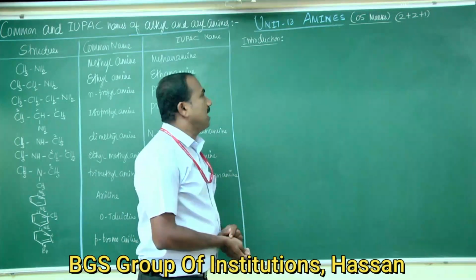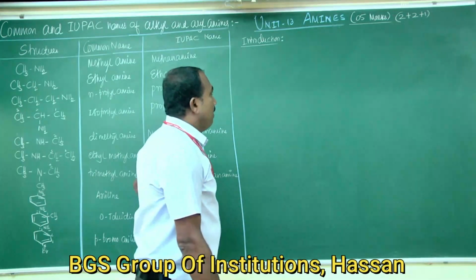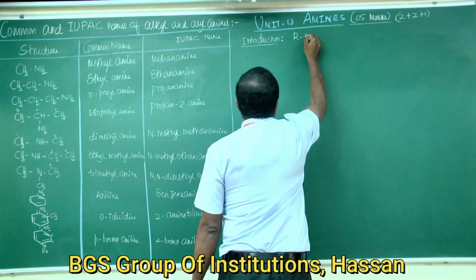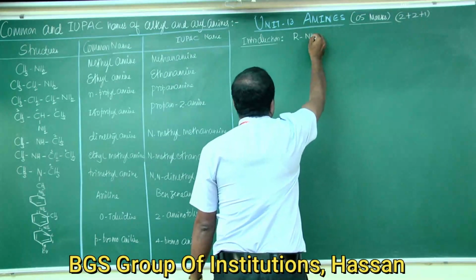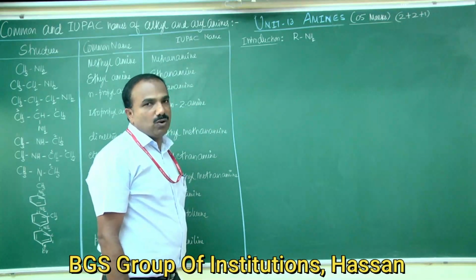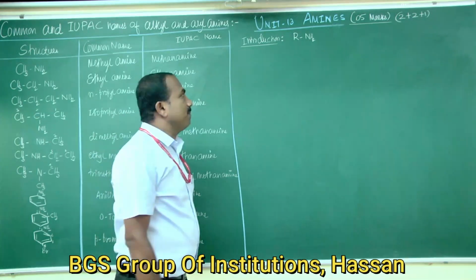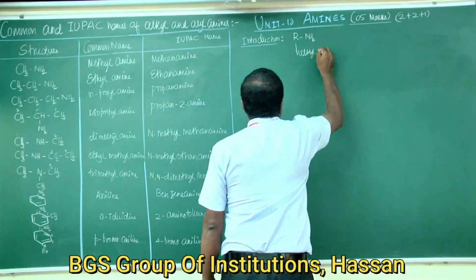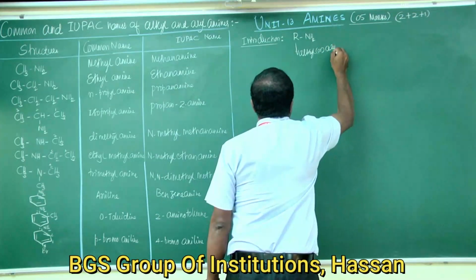These are called amines. Therefore, amines are represented by the general formula RNH2, where R may be an alkyl group or aryl group.